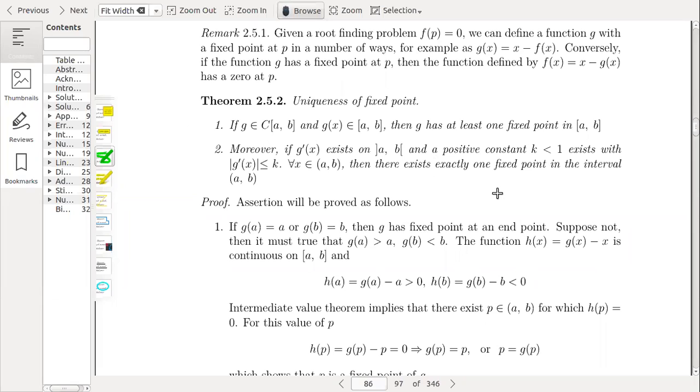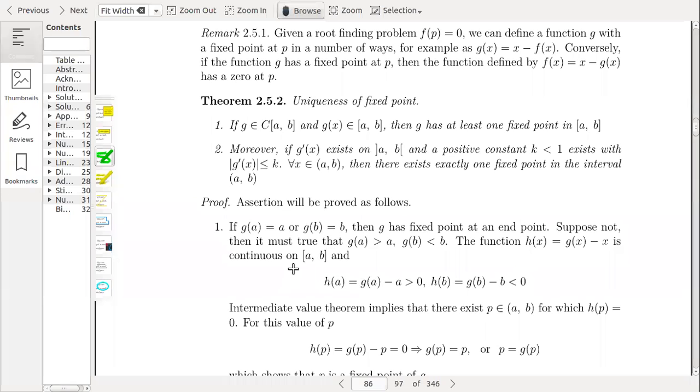Number two, for some k less than 1, the absolute value of the derivative of the function must be less than or equal to k.